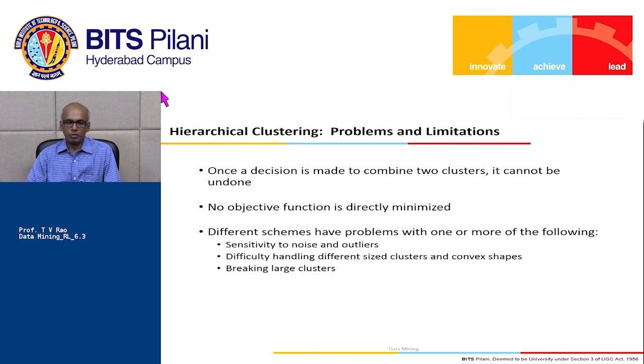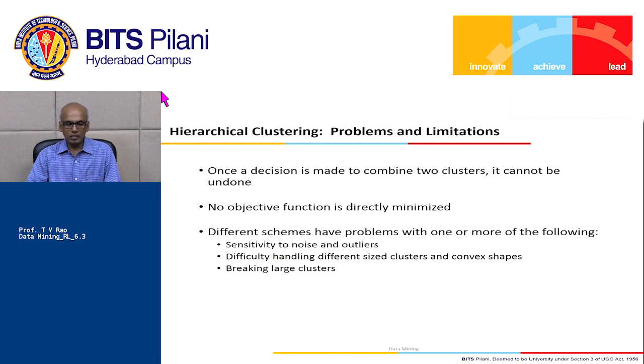Some of the problems with hierarchical clustering are that whenever we make a decision to combine clusters, we do not undo it. There is no objective function that we are trying to minimize, and there can be sensitivity to noise and outliers. We have seen that some of the proximity metrics were significantly influenced by noise and outliers, because of which we could not get the natural clusters.